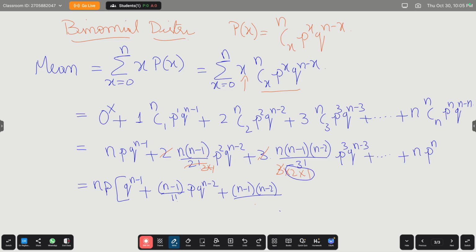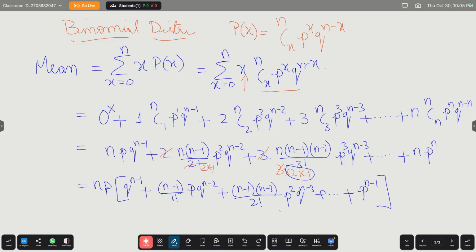This 2 into 1 is 2 factorial, and p power 2 now, q power n minus 3, plus, and in the last term n is not there, n is outside and 1 p has gone. So out of p power n, if I have taken out 1 p, I'll be left with p power n minus 1.